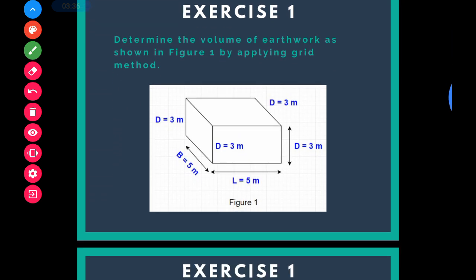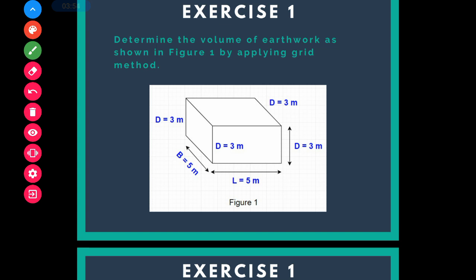Back to the question. Initially you have a flat land, and then you want to increase the level of the platform, so you need to determine the volume of earthwork needed.